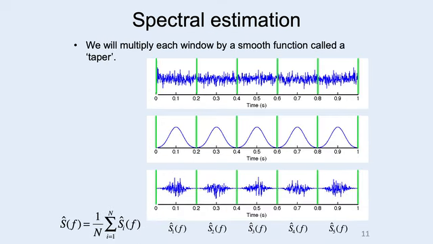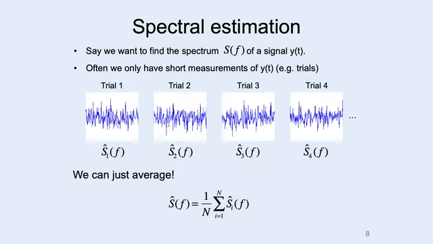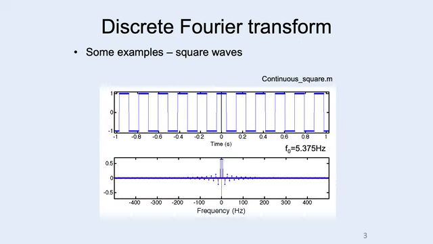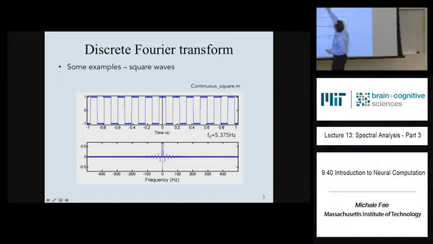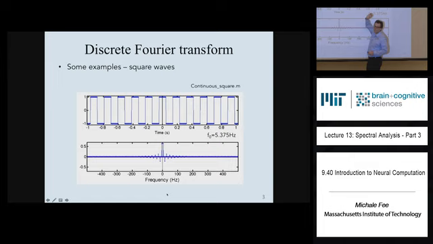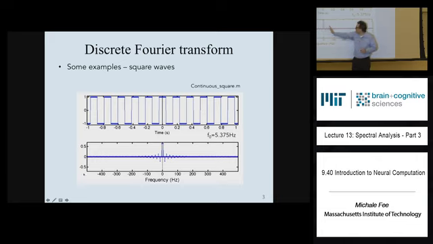Let's go back to here, because there was a bit of a hint at the beginning of the lecture. What's the Fourier transform of a square wave? What happens if we make these pulses narrower and narrower? The pulses get more and more narrow.